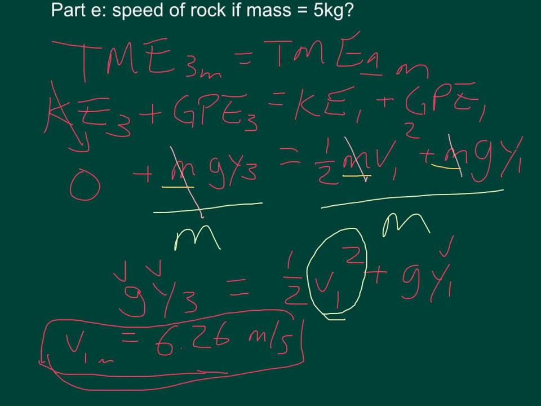If you do the work right, you're going to get the same answer, that the speed at the 1 meter point is 6.26 meters per second. Notice the power of keeping the letters, putting the equations in letter form and then working through it in algebra: sometimes terms fall out and it simplifies the problem and saves you some work.